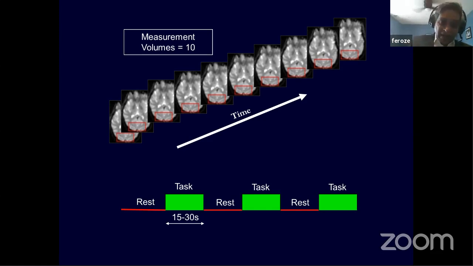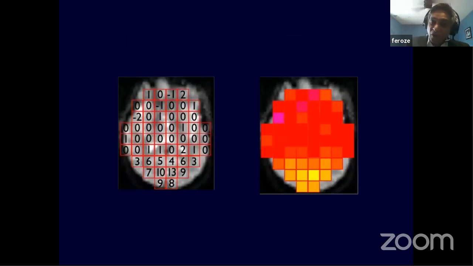Then switch it off, switch it on, switch it off, switch it on. And while this paradigm is going through, you collect a signal over a period of time, and then take these images and, of course, bin them into two baskets, right? All the images captured during the rest condition, you can put into one basket. All the images that you collected during the activation, you can put into another basket. And then all you have to do is a simple subtraction, right? You align them, and you do a simple subtraction.